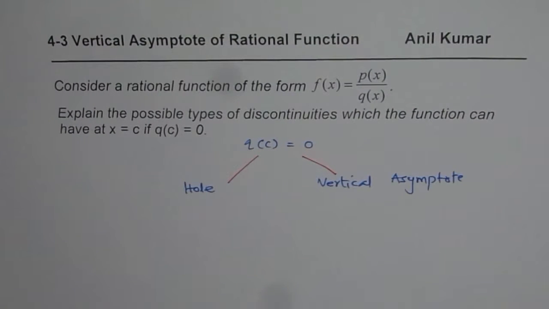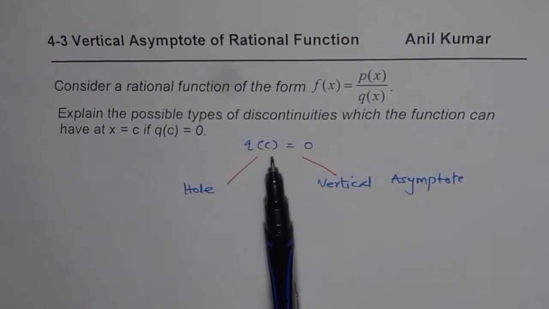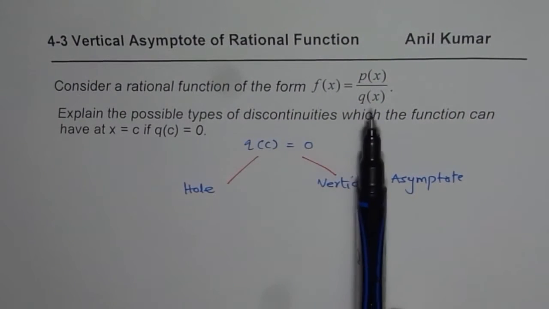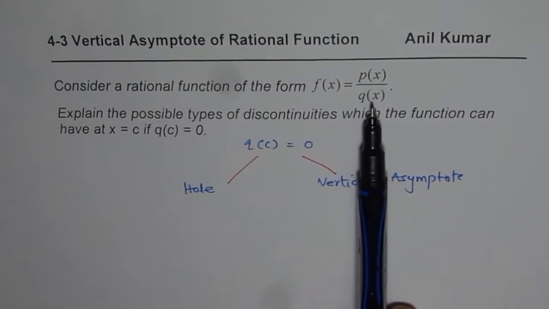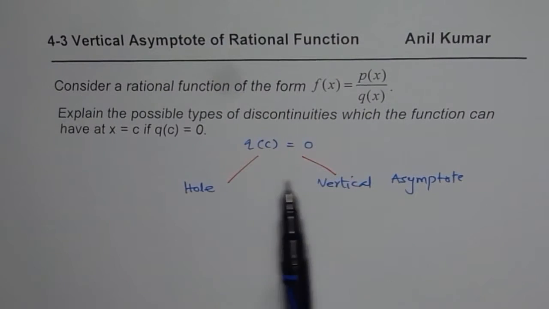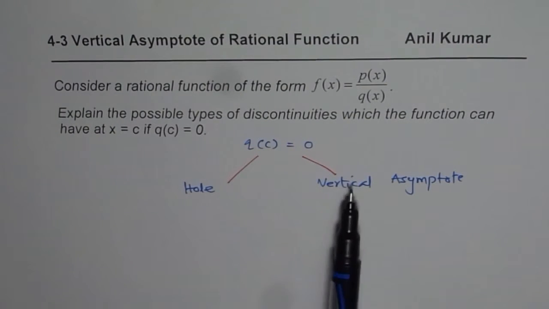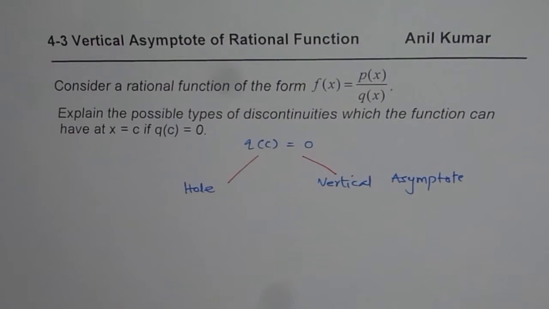In chapter 4, we are going to explore vertical asymptotes in more detail, but it is extremely important to understand that whenever the denominator is 0, there is a possibility of a hole or a vertical asymptote. So these are both the cases. Now let's take a few examples to make the point clear.